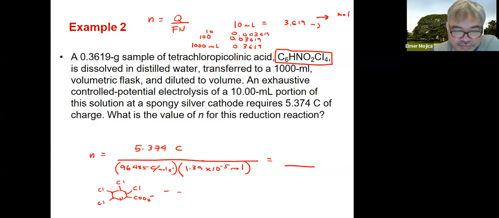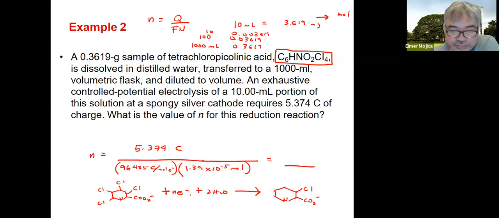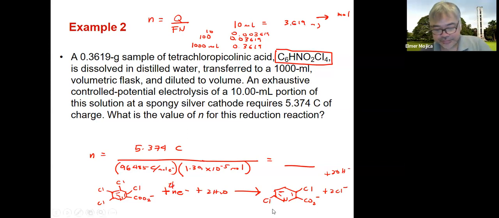And then the number of electrons, the one that we're looking for, the n, plus 2H2O, and this becomes this. So this is equal to 4 electrons.